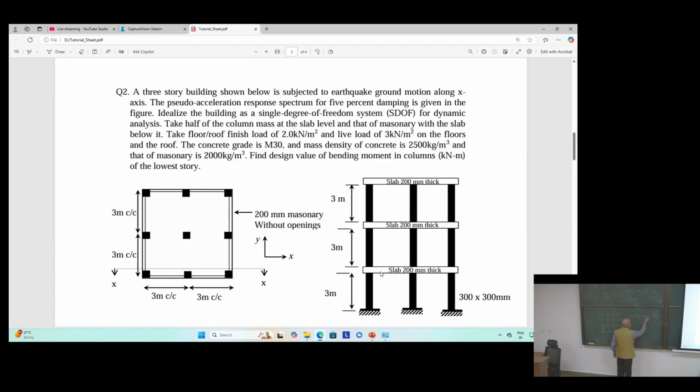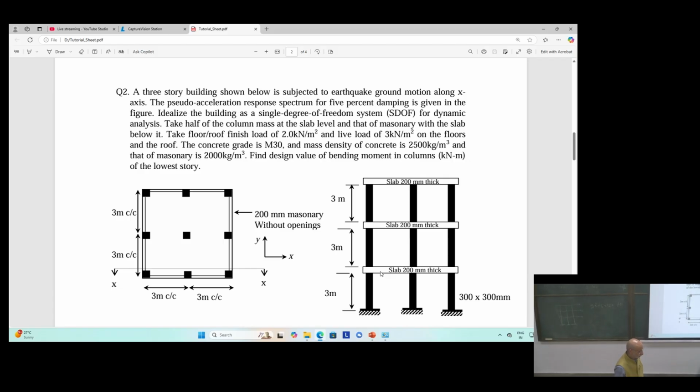So here is a matrix, here is a matrix, here is a matrix: mass matrix, damping matrix, stiffness matrix. This is a forcing function. So you need the mass associated with these degrees of freedom, 1, 2, 3. So you can calculate the mass.